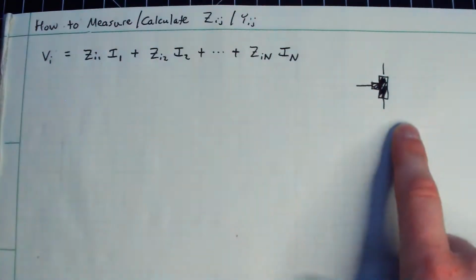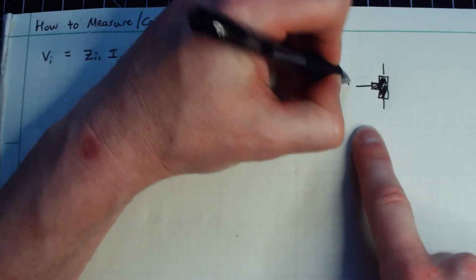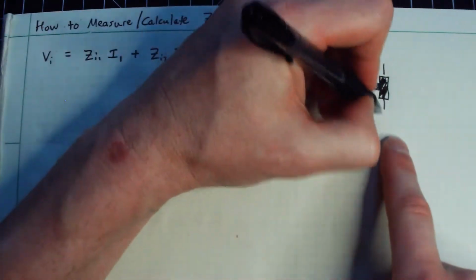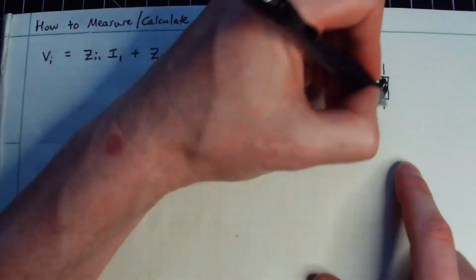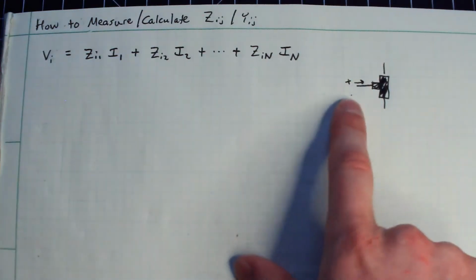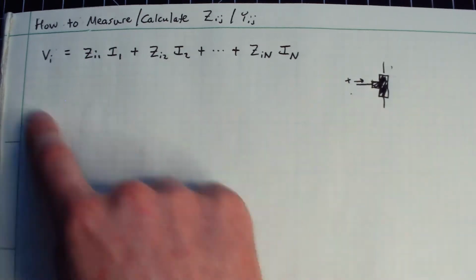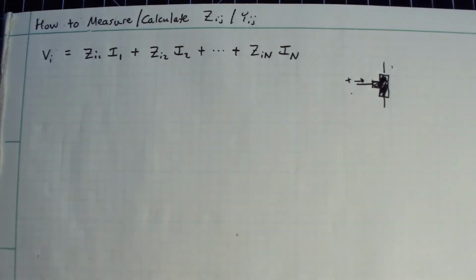There are 3 ports here, and I could hypothetically excite this one here with some voltage and leave these as open currents, or I could short this one here, or I could force a current to go into here and measure what the voltages are at the other terminals.